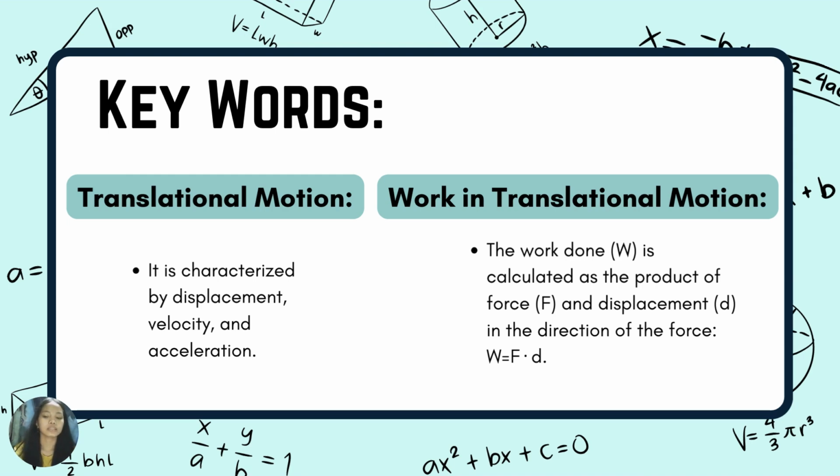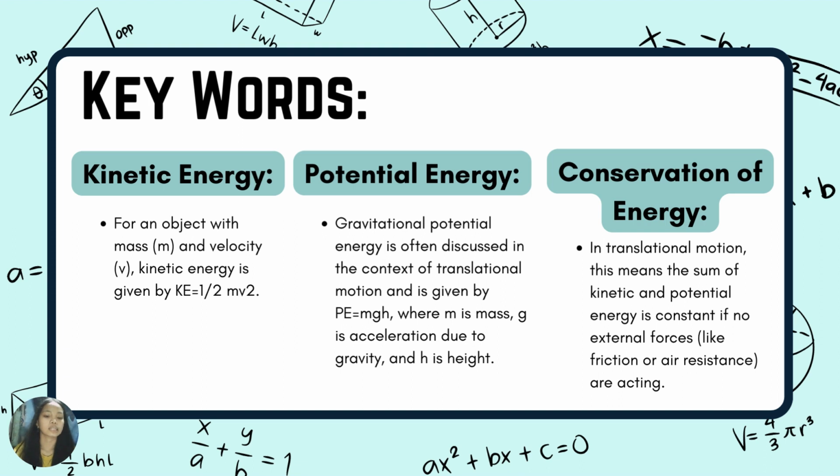So next is the kinetic energy. Kinetic energy is the energy possessed by an object due to its motion. For an object with mass m and velocity v, kinetic energy is given by kinetic energy equals one half m v squared, or mass and velocity squared.